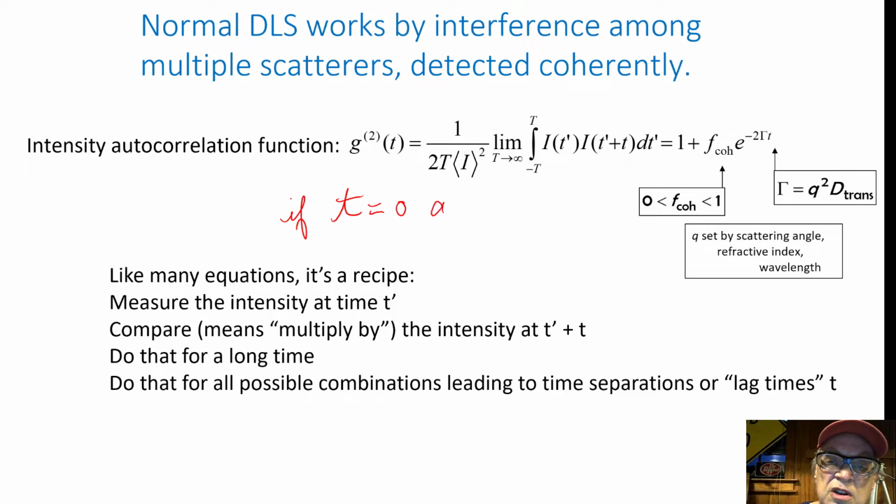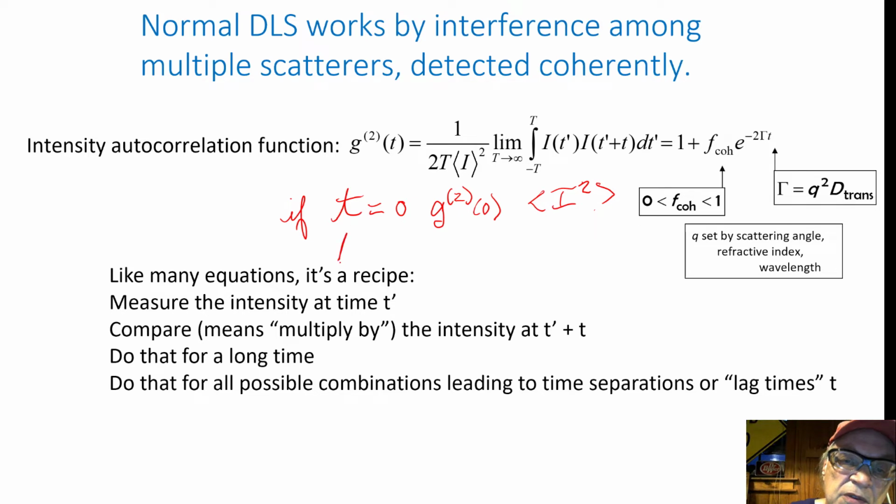This g2 of 0 is going to be the intensity at t prime times the intensity at t prime. It's really some kind of average: it takes these two intensities over all possible times, divided by the total time of the experiment. This must be something like I squared.